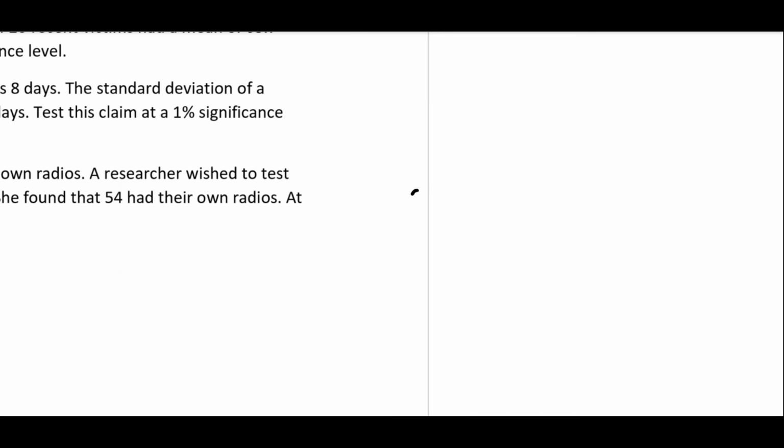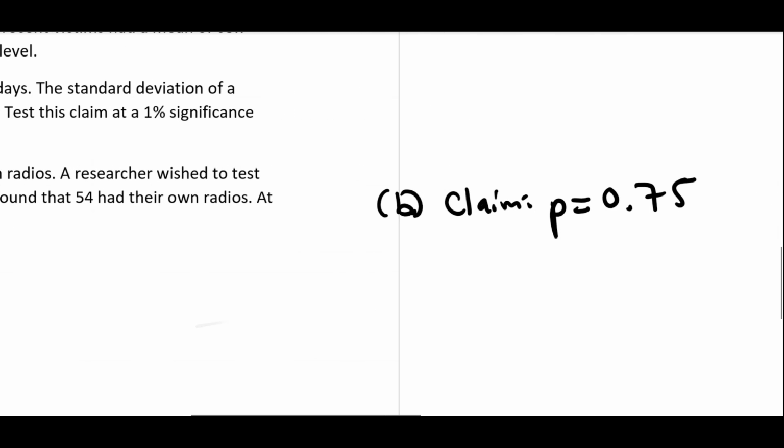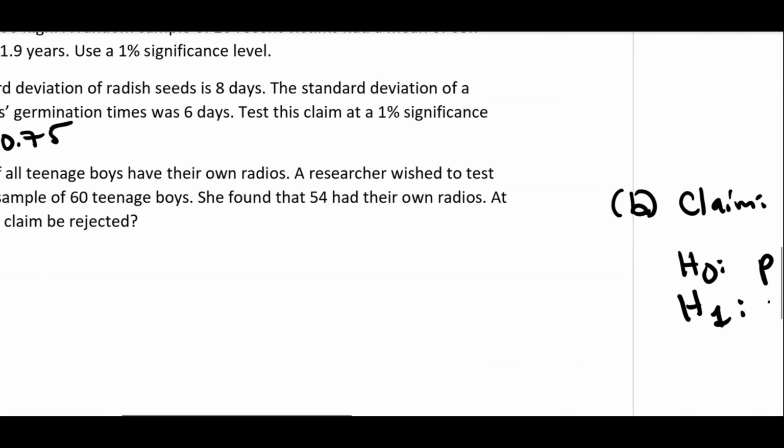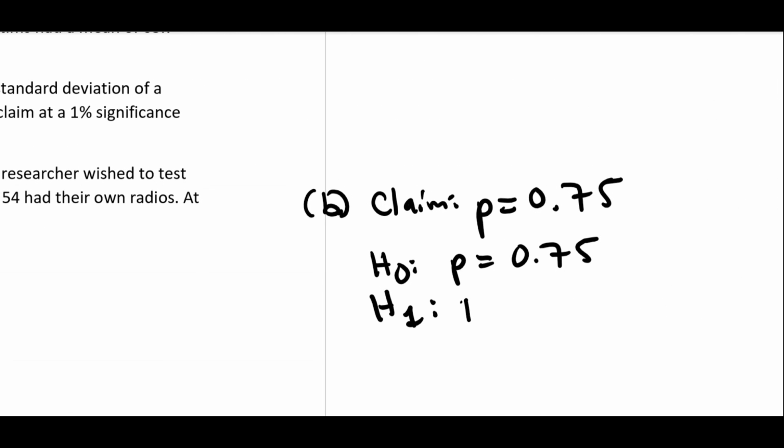Our claim is that p, the proportion or percentage, is 0.75. That clearly belongs to our null hypothesis because that's a statement of equality. And then it says a researcher wished to test it, but it doesn't say whether the researcher thinks it's greater than or less than. So we're going to say it's not equal to.